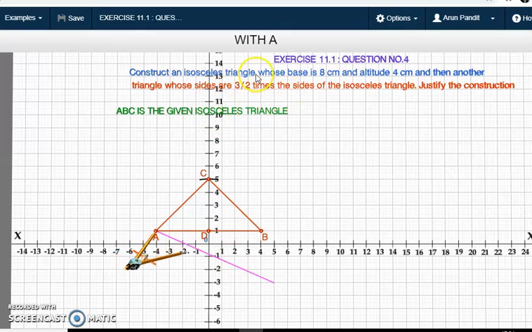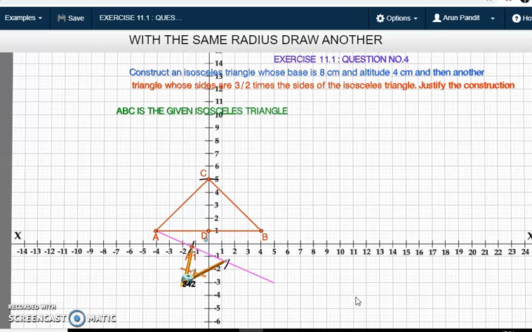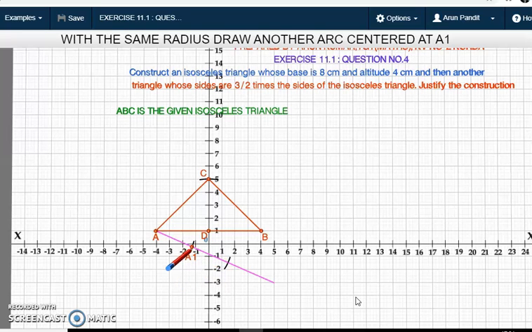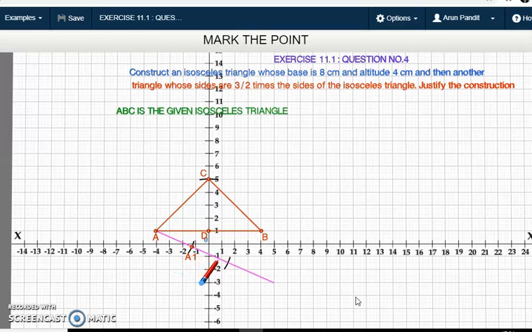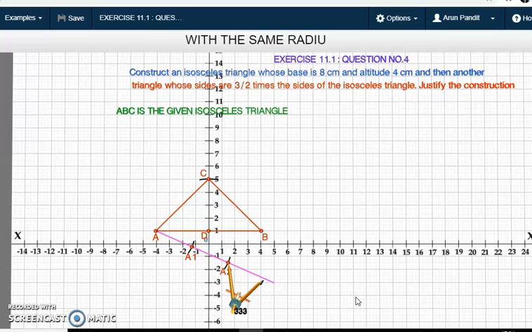And the greater of them, 3, so you cut 3 equal arcs such that A1 equals A1A2, A1A2 equals A2A3. This is A2, and then from A2 cut A2A3 arc, but all three arcs should be the same.